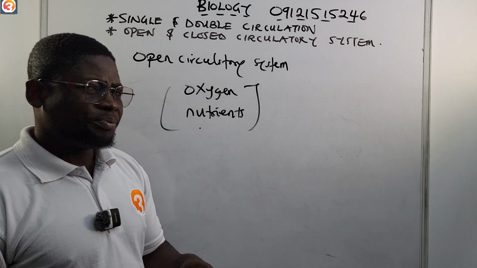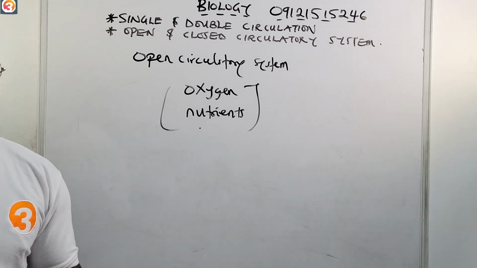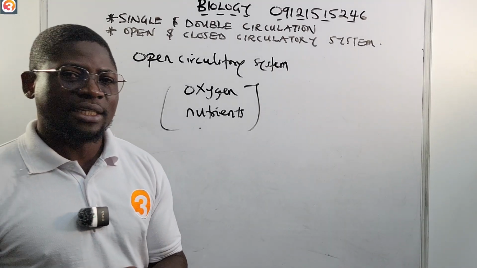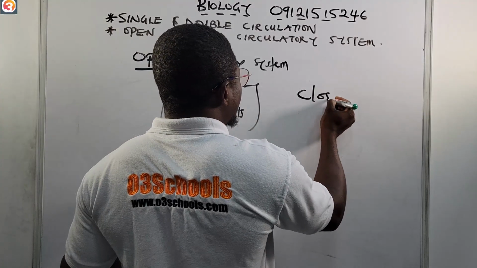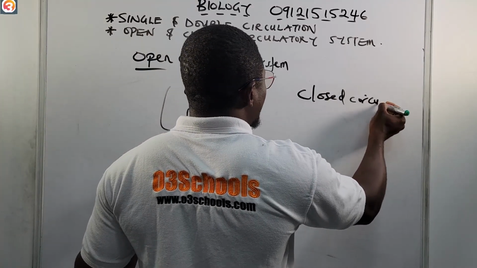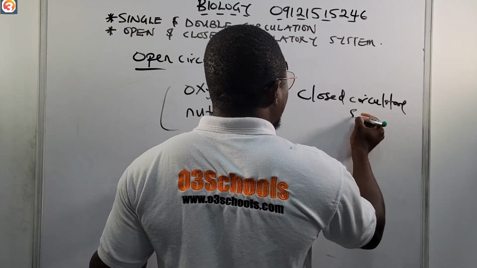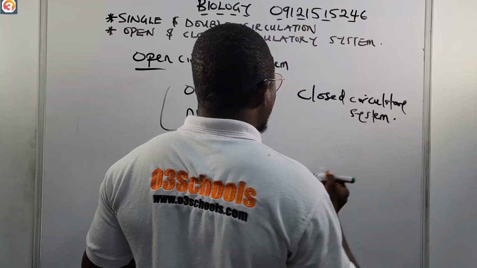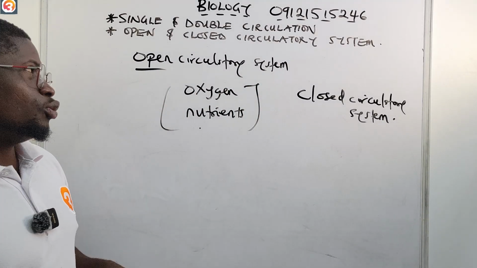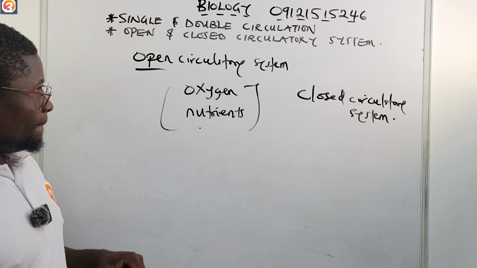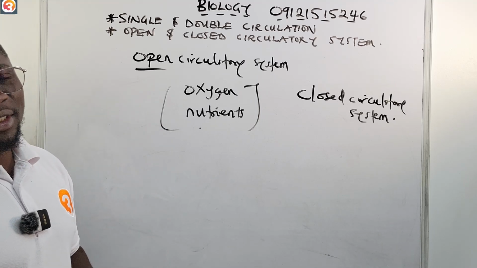Almost all multicellular organisms need oxygen and nutrients for survival. Now, evolution has led us to two types of circulatory system. One is the open circulatory system, and the second one is the closed circulatory system. All right, so let's look at the open circulatory system.